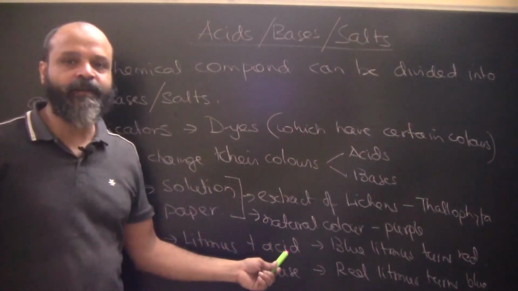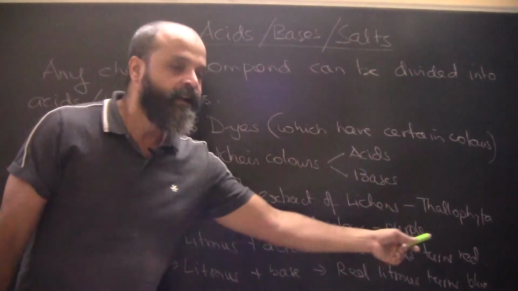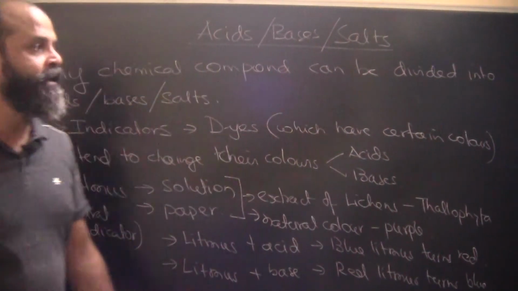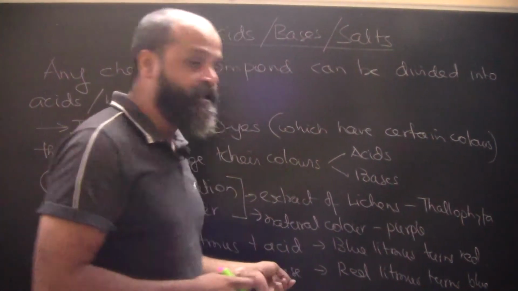When we add litmus to an acid, blue litmus turns red. When we add litmus to a base, red litmus turns blue. That's how litmus behaves. So this is basically a natural indicator.